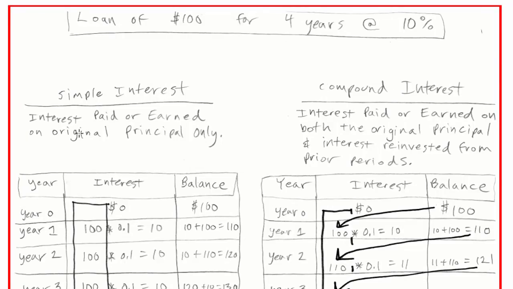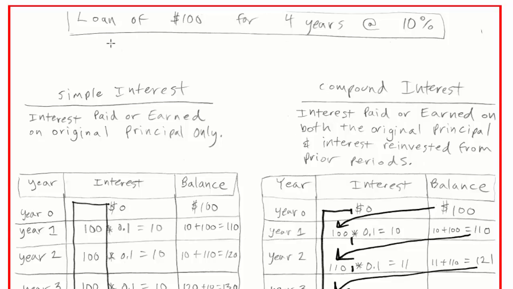Simple interest, as we did last video, means interest is paid or earned on the original principal only. That means if we borrow $100 and we pay 10%, we only pay interest of $10 each year. But compound interest is different. Compound interest is interest paid or earned on both the original principal and interest reinvested from prior periods.